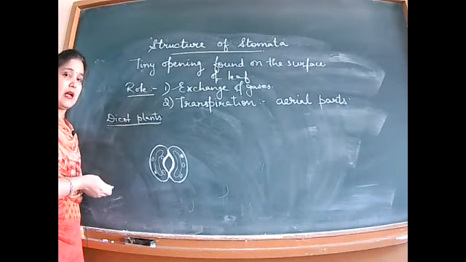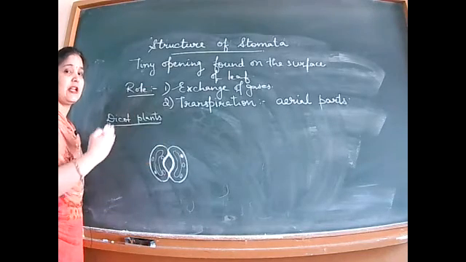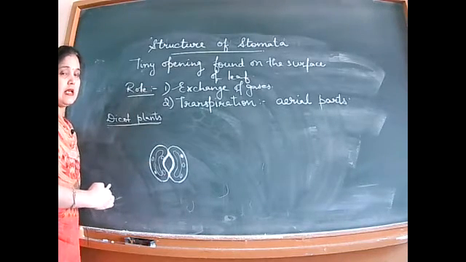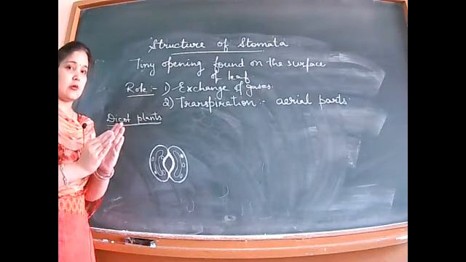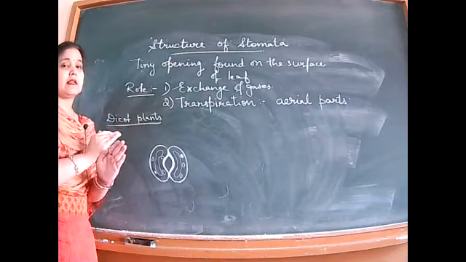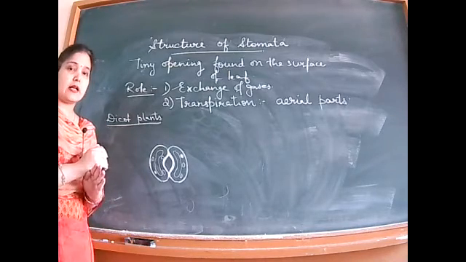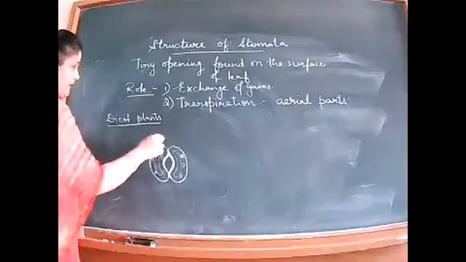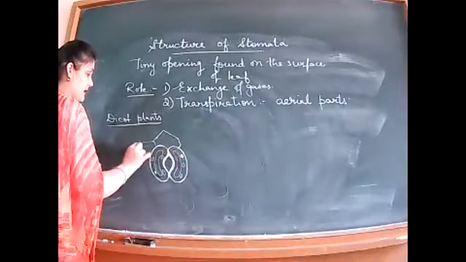But in some of the plants, it may also have some extra cells between the epidermis and the guard cell. That means after the guard cell, the epidermis may be present immediately, surrounded by epidermal cells. If not, some plants have specialized cells which are surrounding it, and they are called the subsidiary cells. Here we can draw those subsidiary cells like this.